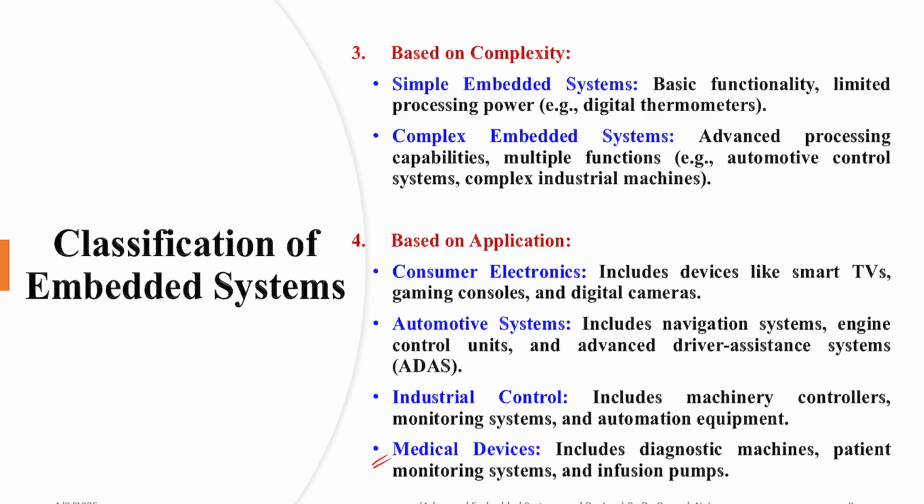Last but not the least, medical devices, which include diagnostic machines, patient monitoring systems, infusion pumps, ventilators, and so on. So based on the applications, we can further classify embedded systems as consumer electronics, automotive systems, industrial control systems, medical systems, and so on.